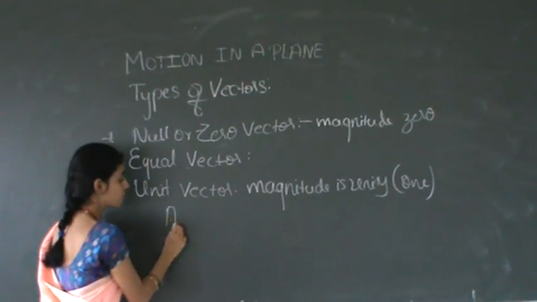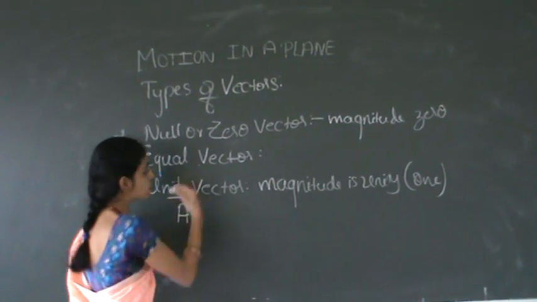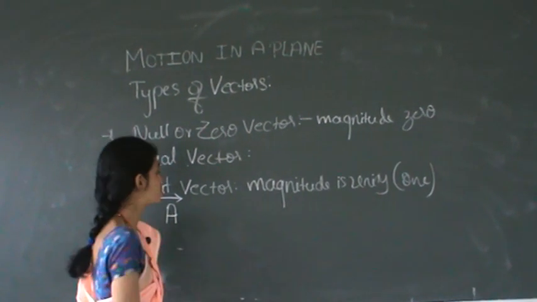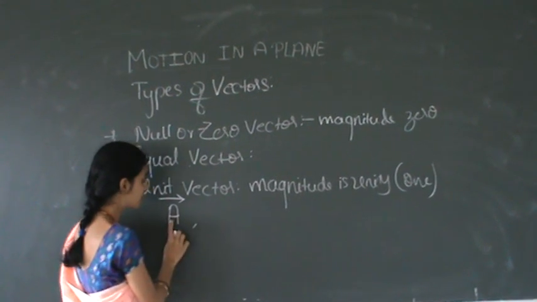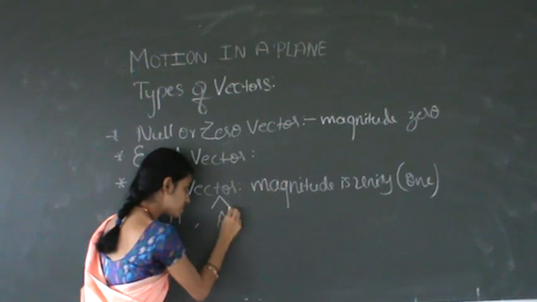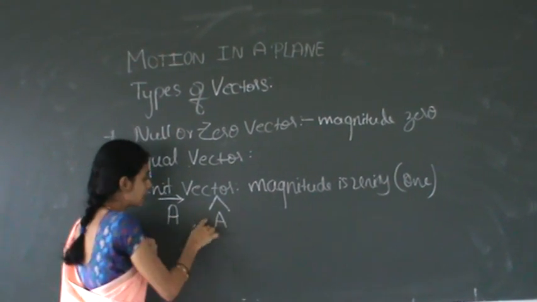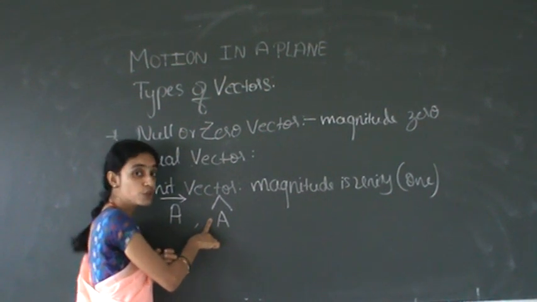Suppose, for example, A is a vector and we have to find out the unit vector. There is a notation: for vector A, A cap is the unit vector.